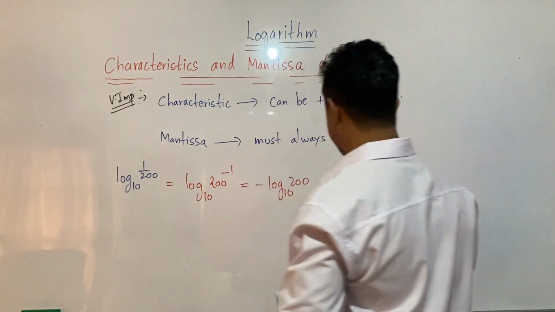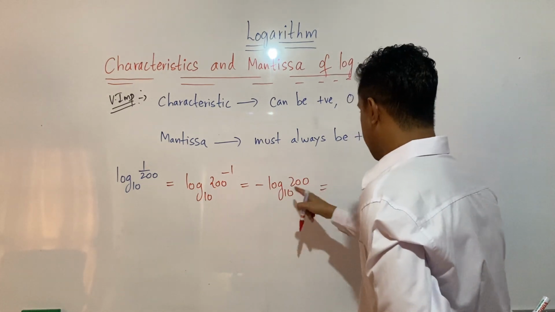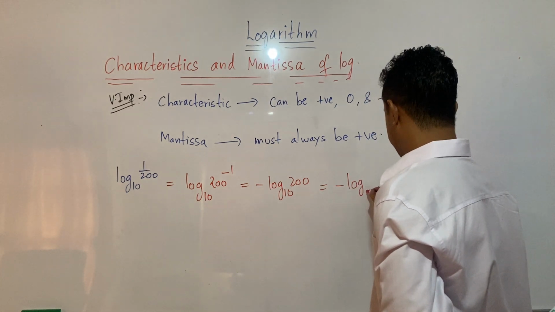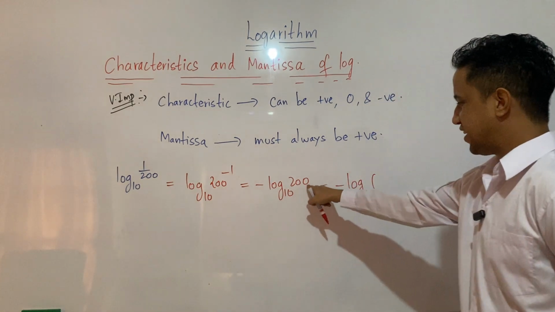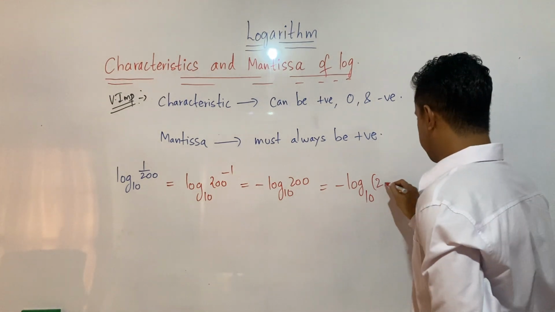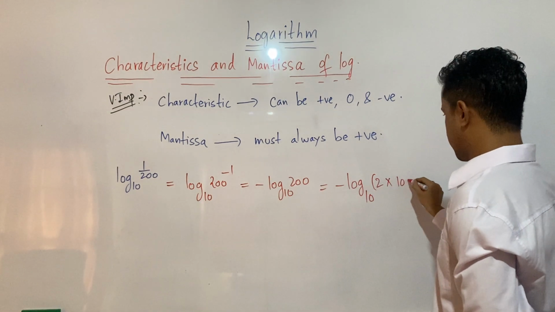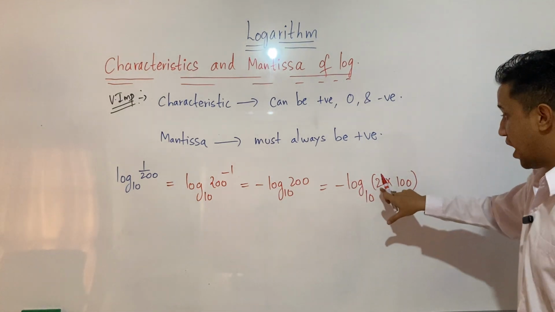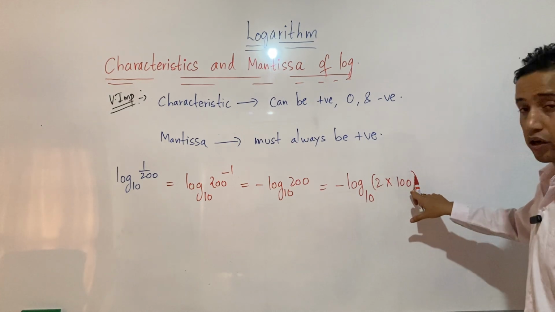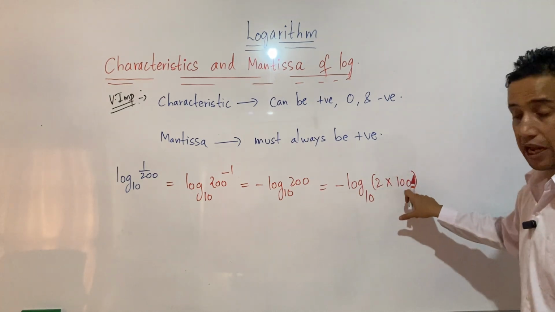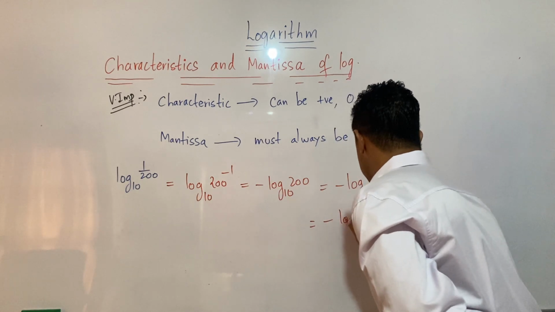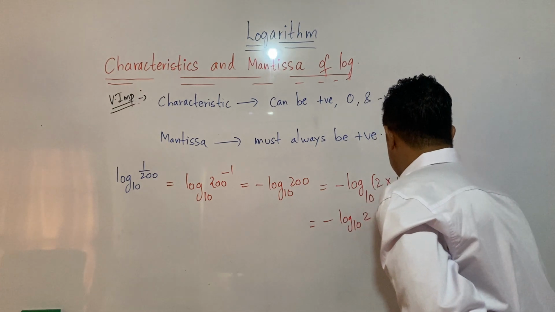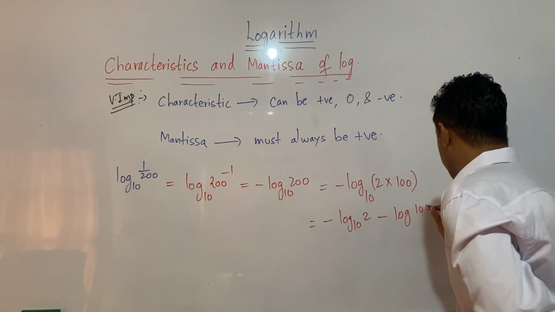Then this can be written as minus log base 10 of 2 multiplied by 100, right? So can I use the log product rule, log of m multiplied by n, which is equal to minus of log 2 to the base 10 plus log of 100 to the base 10?